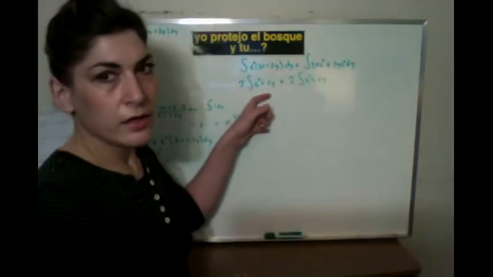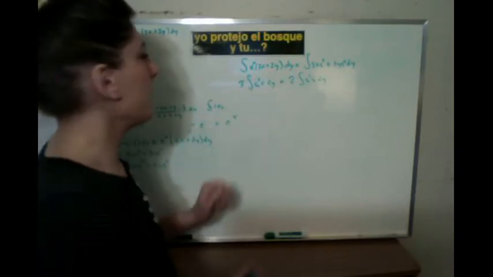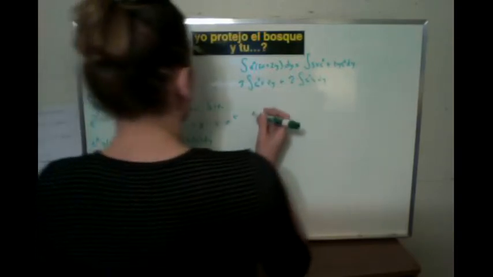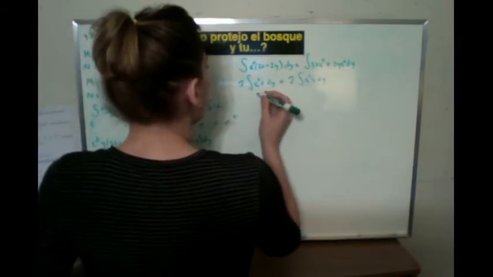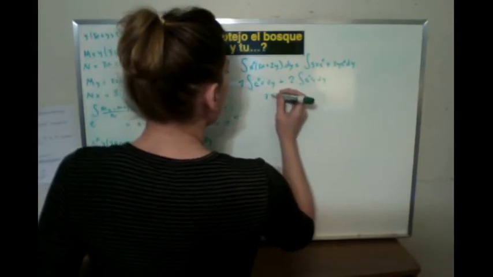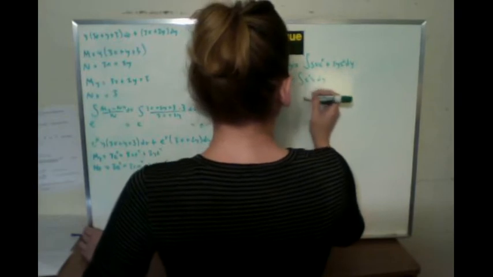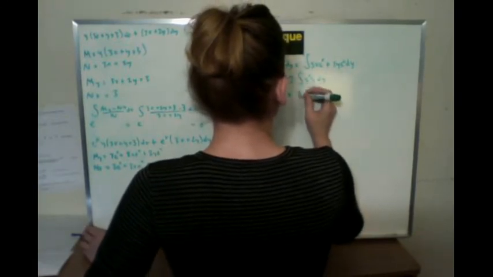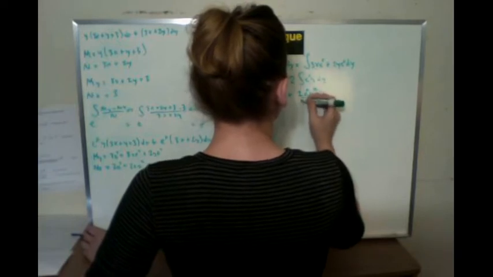Now solving each of these integrals will give us our function of x and y. So the first integral equals 3 times e to the x times y. And our second integral equals 2 times e to the x times y squared over 2.